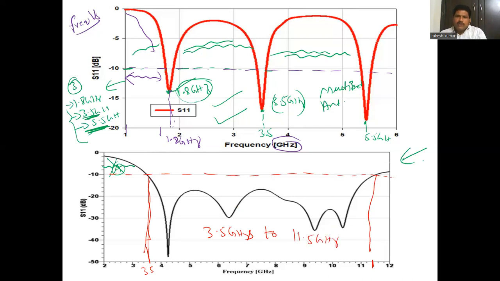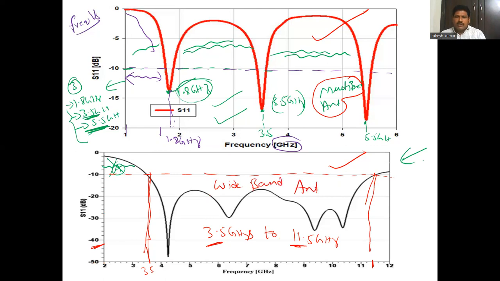What is the difference between this graph and that graph? That graph comes under multi-band antenna. What about this one? This antenna is operating from 3.5 gigahertz to 11.5. See here, it is going up to minus 40, minus 50, which means from here to here the antenna is working.